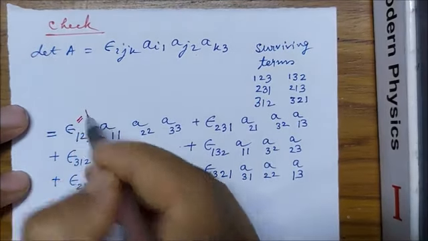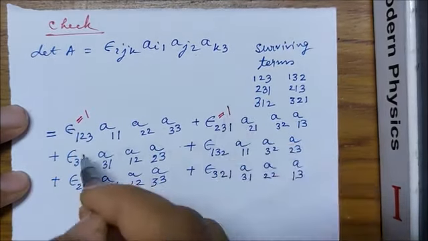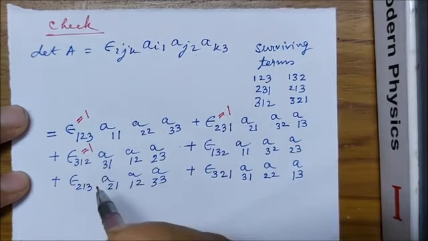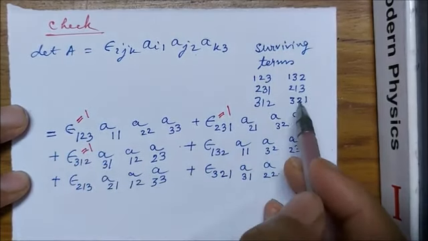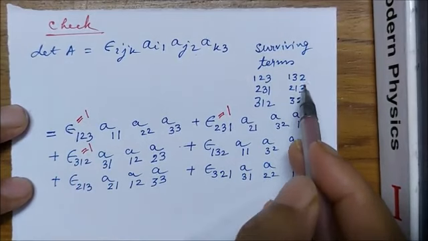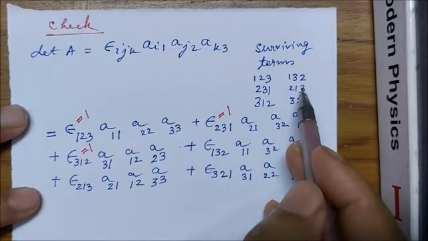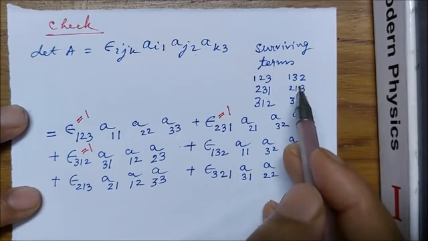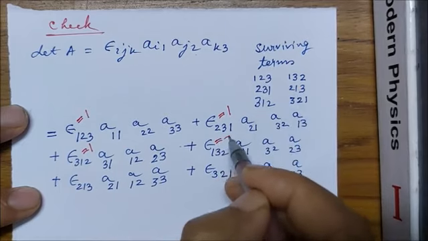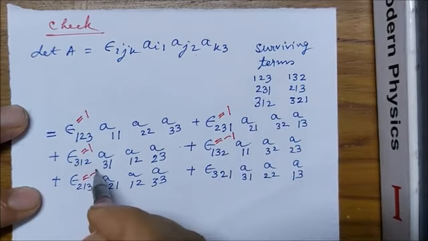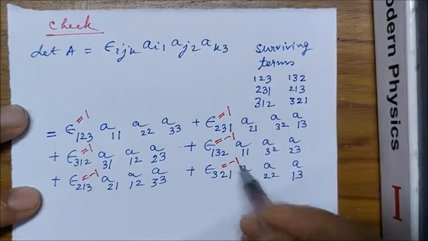So this is plus 1, this is plus 1 and so is this one. The remaining 3 terms correspond to anticyclic combinations of indices and correspond to minus 1. So this is minus 1, minus 1, minus 1.